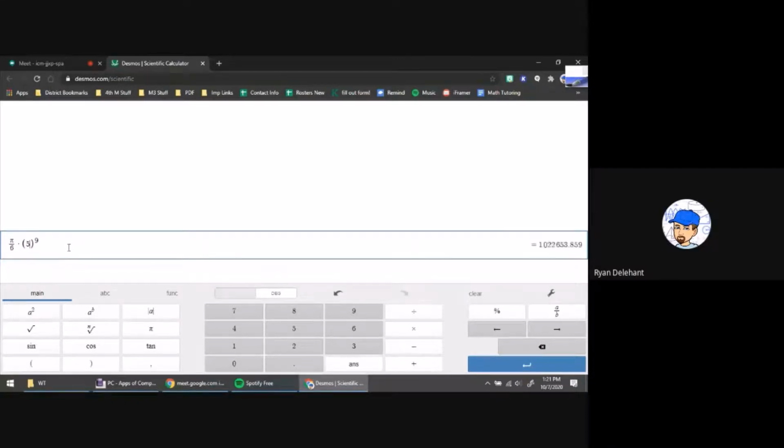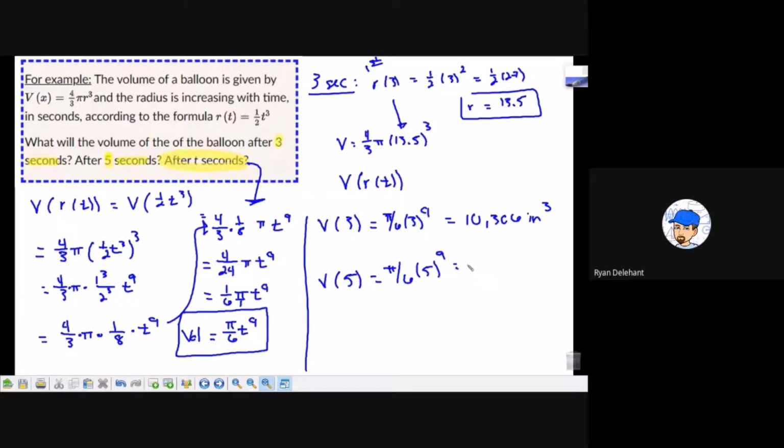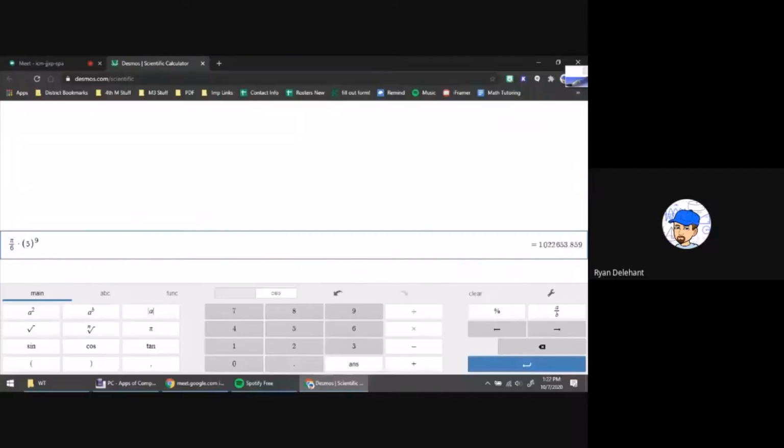There it is. 1,022,653. Let's see what the decimal was. 0.86.